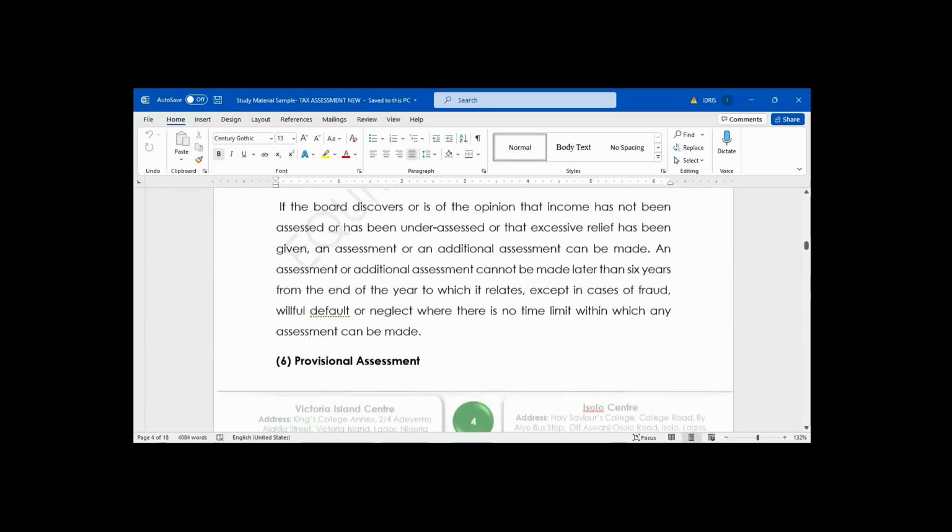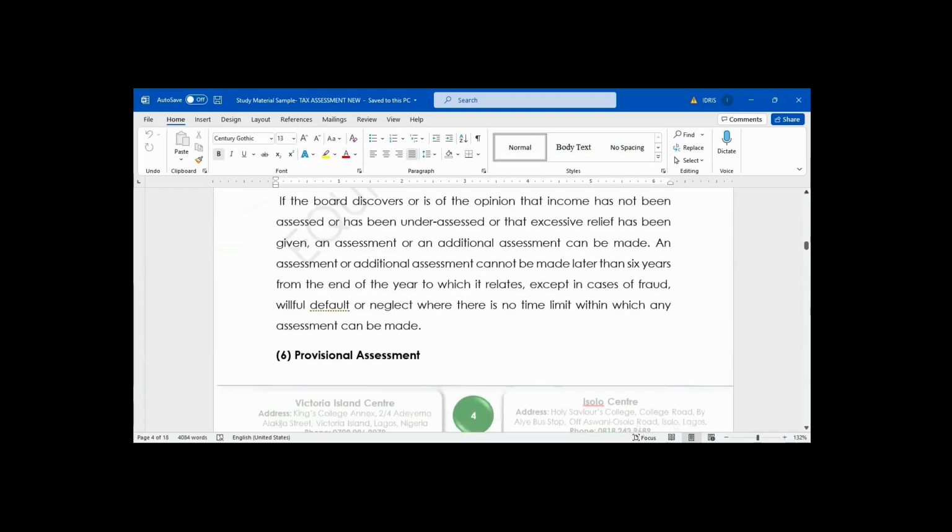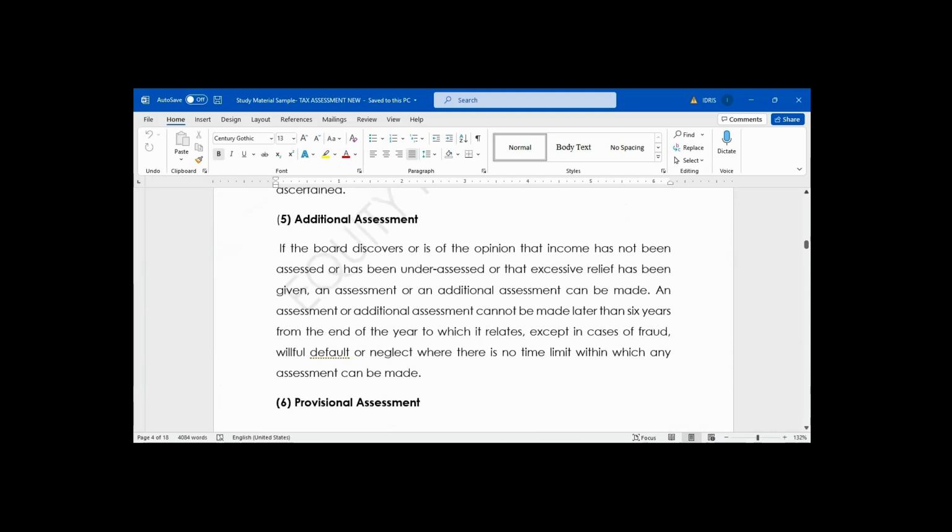So now, another type of assessment we need to look at is additional assessment. What is additional assessment? Additional assessment is an assessment that arises as a result of tax audit and investigation.